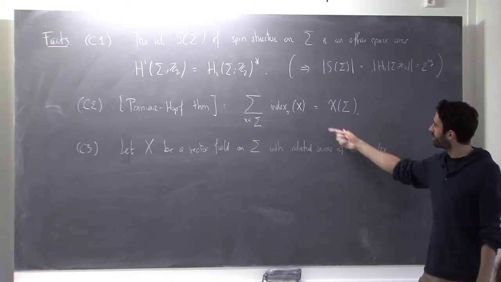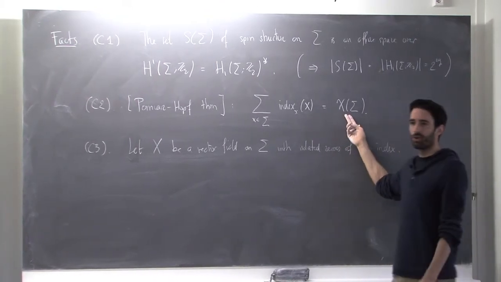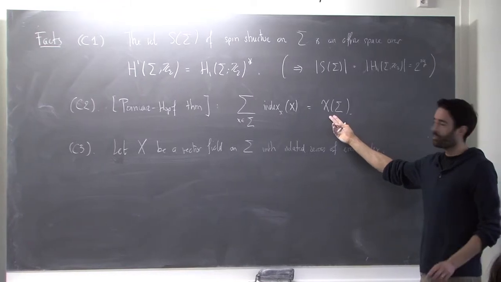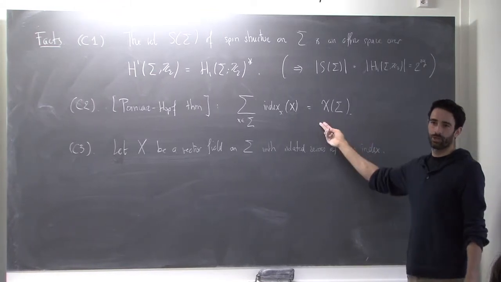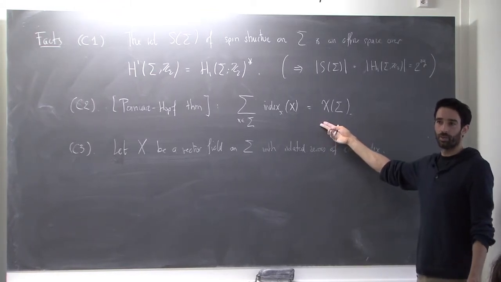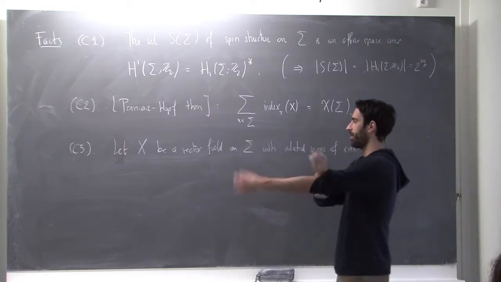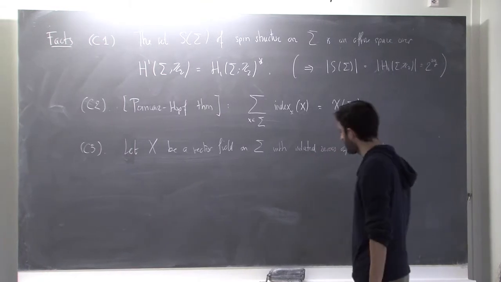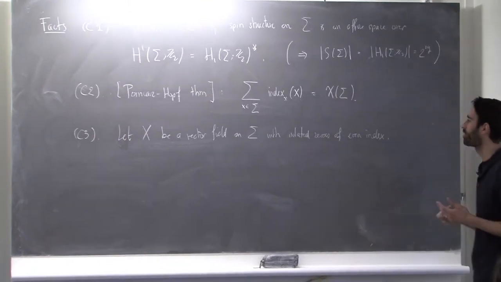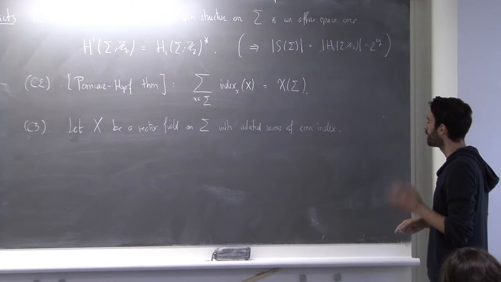So you see, this theorem, the Euler characteristic is always even. So it means that at least there is no obstruction to having a vector field with zeros of even index only. And it's a fact that if you have an orientable closed surface, you can always find a vector field with isolated zeros of even index only.